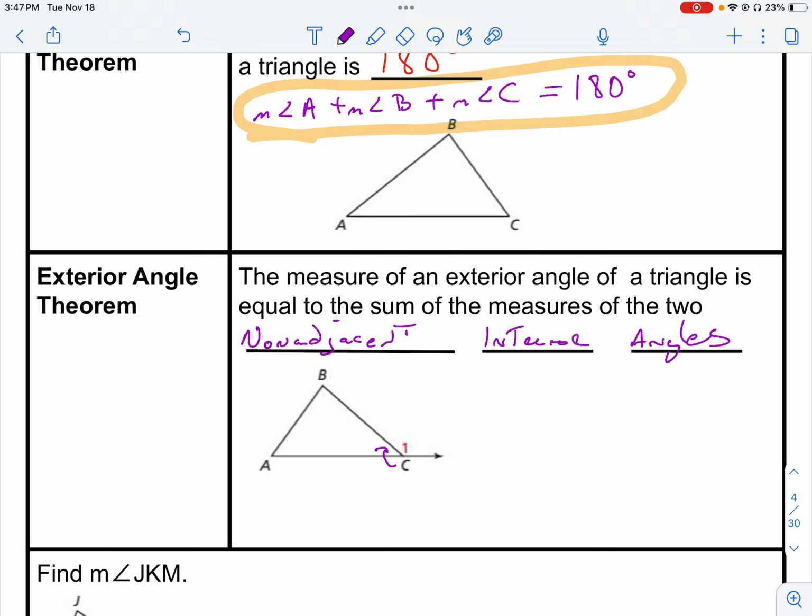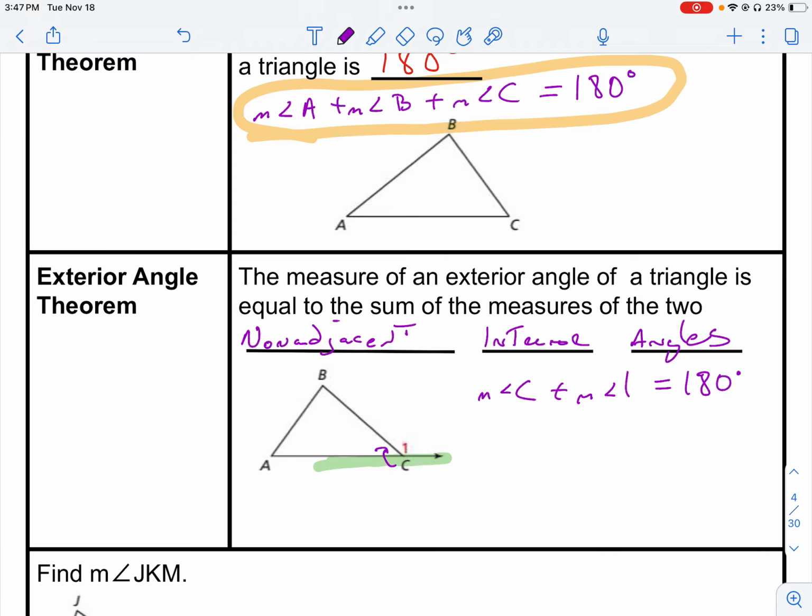Well, we also have a linear pair here. So the measure of angle C plus the measure of angle 1 equals 180 degrees.